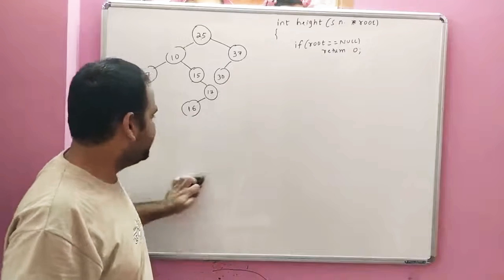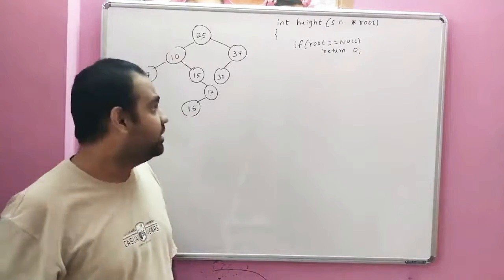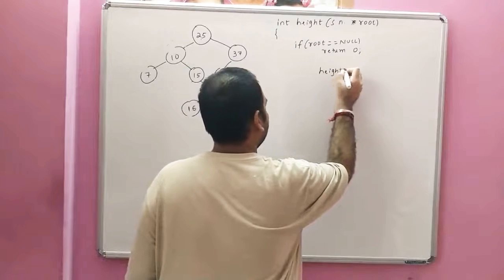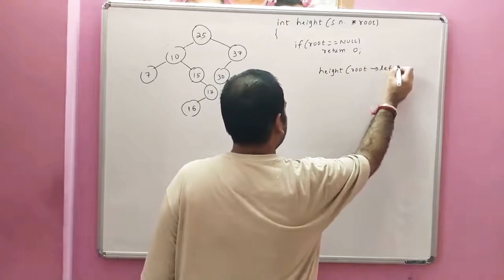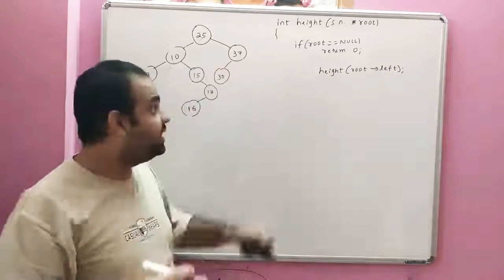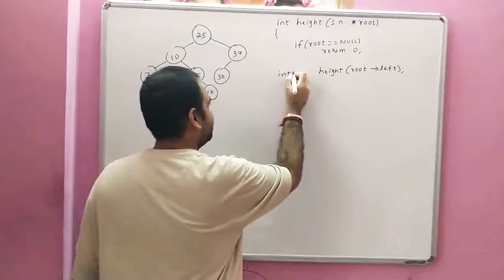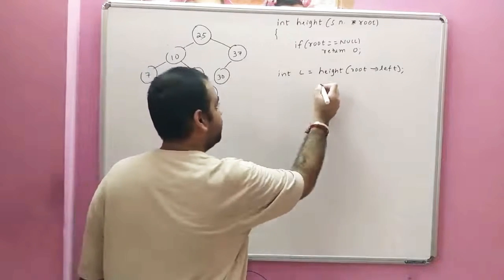Now, the next thing is I need to traverse the tree in the post order fashion. Now what is post order fashion? We say height of root arrow left. This will return an integer, so it has to be stored in some variable. Let us store it in a variable called L, which represents the left height. Then you have to compute the right height.